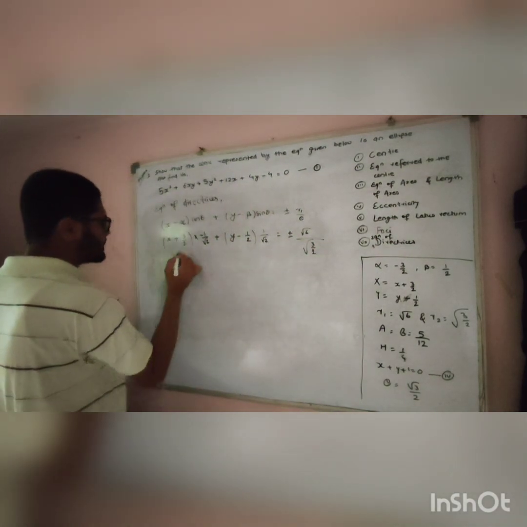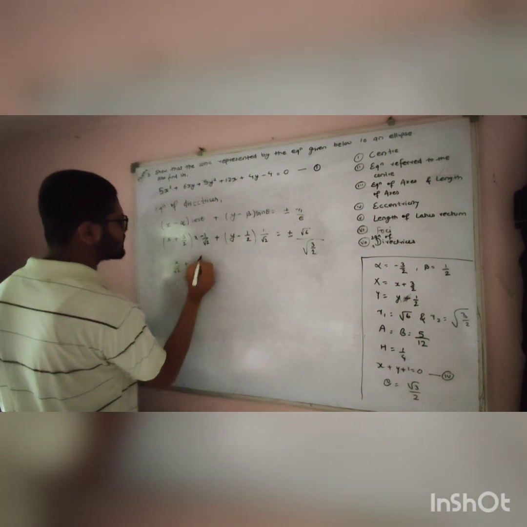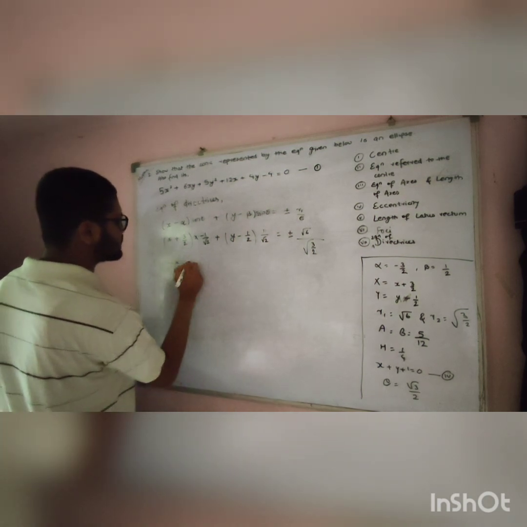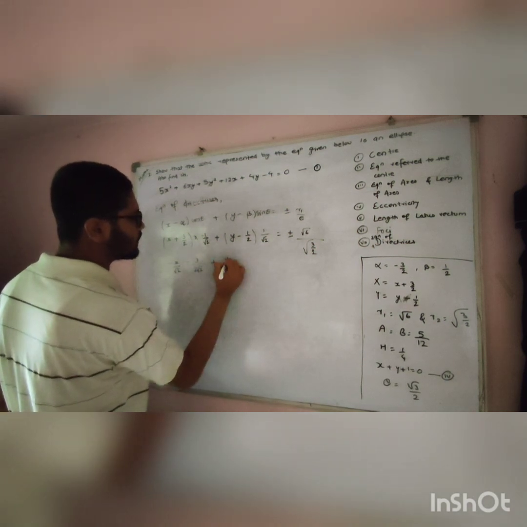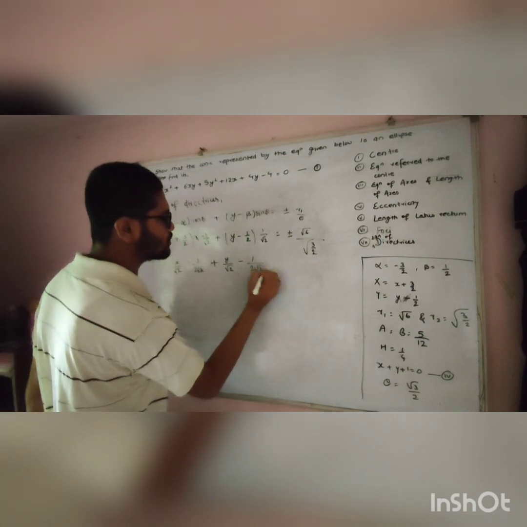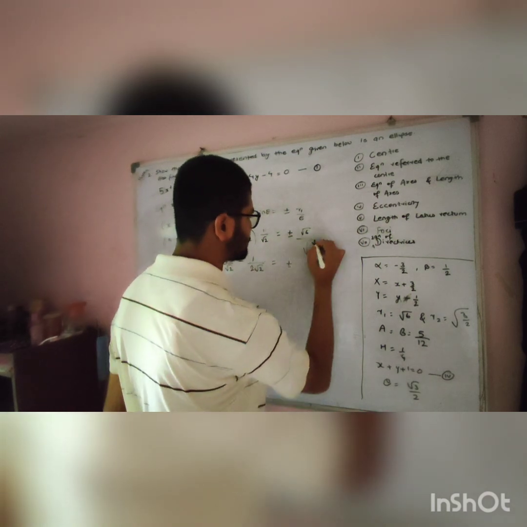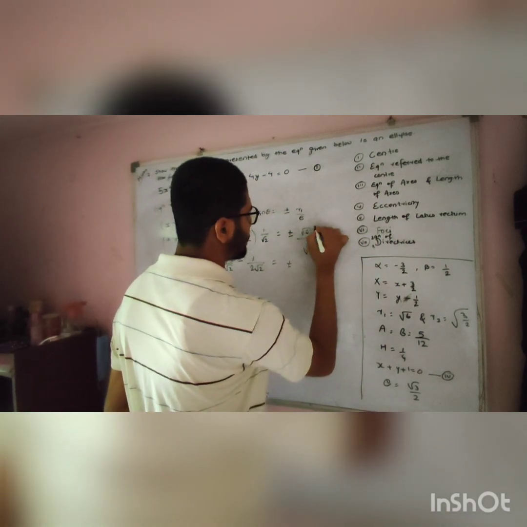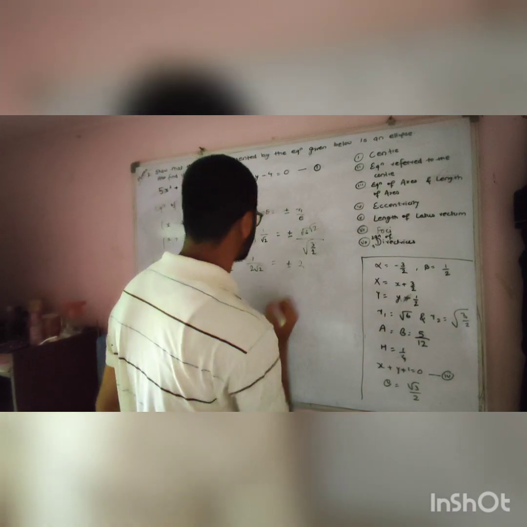So this is now minus x by root 2, minus 3 by 2 root 2, plus y by root 2 minus 1 by 2 root 2, which will be equal to plus minus root 2, and root 2 into root 2 will be 2.